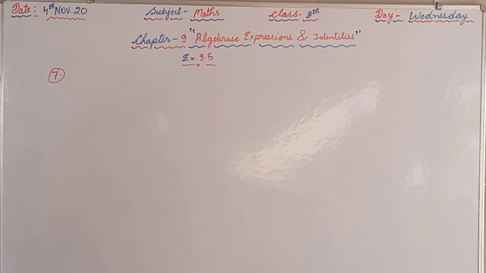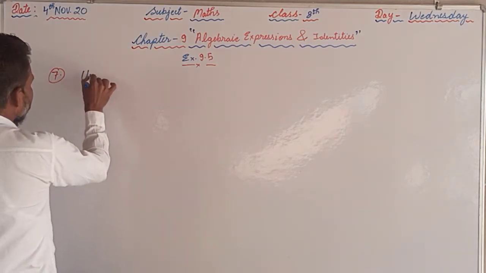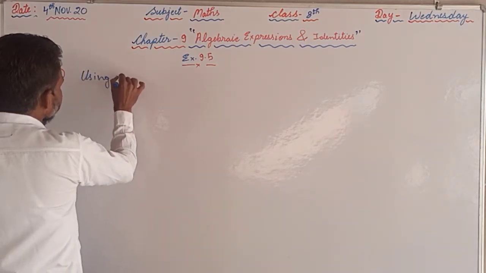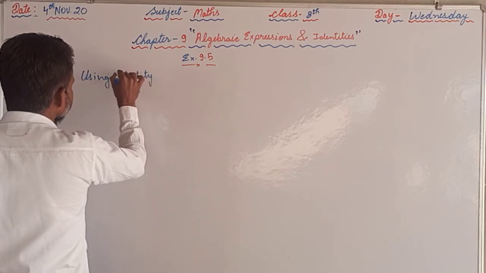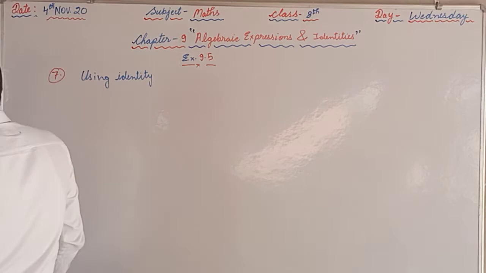In question number 7 it is given that we are supposed to use the identity. Which identity are we supposed to use here?